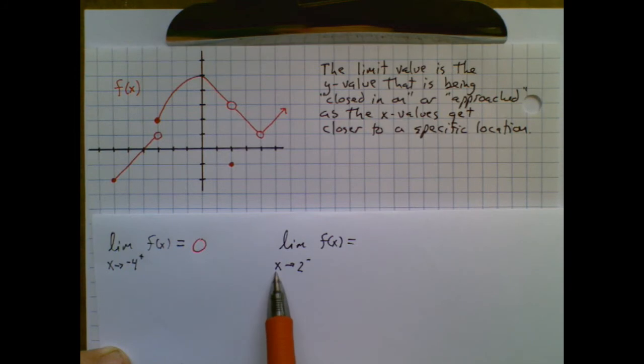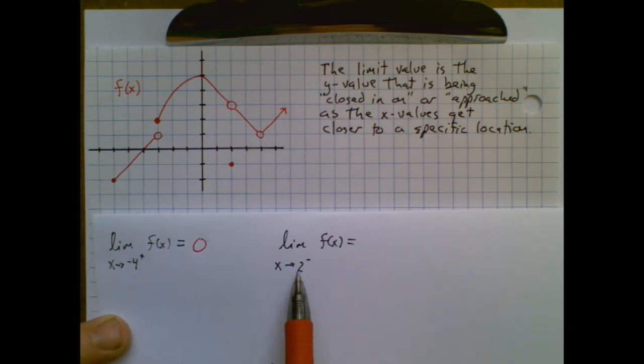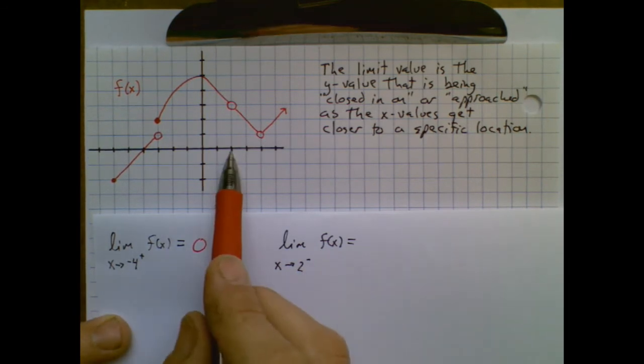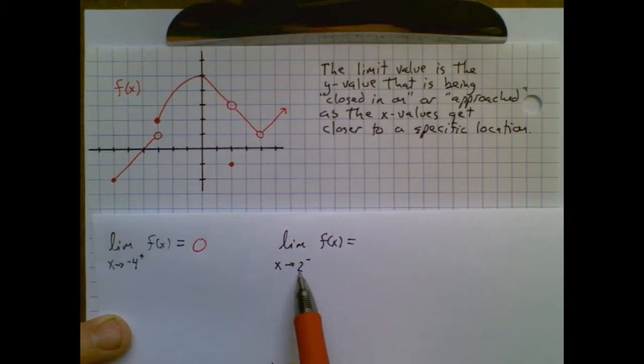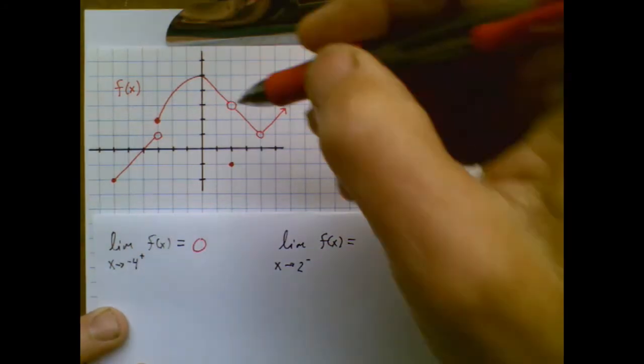The limit as x approaches 2 from the left. All right, so my x-coordinate is 2. There's something fishy happening at 2. I have to approach from the left. This is a very important lesson about to happen.